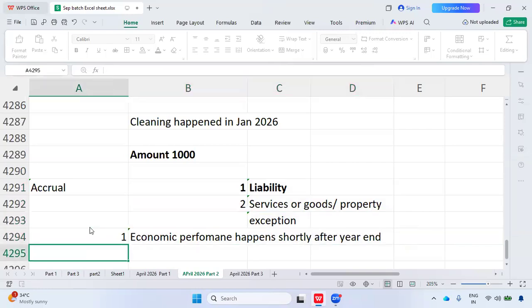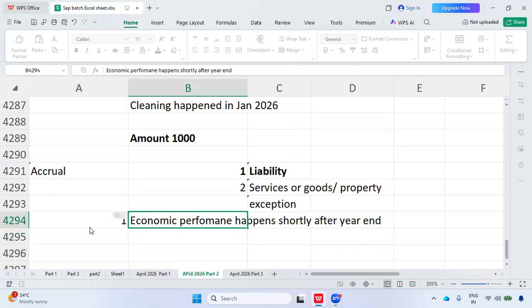So what exactly does shortly mean? Here we have a couple of rules. The first one: economic performance must occur by the earlier of 8.5 months. Economic performance should generally happen in the same year, but there is an exception.